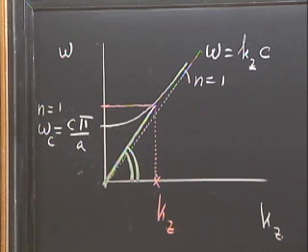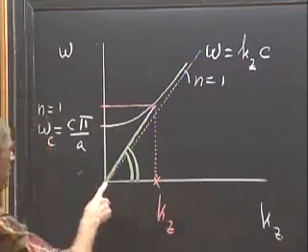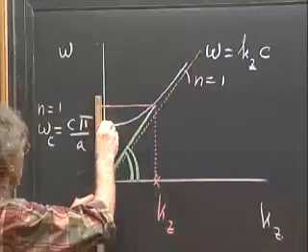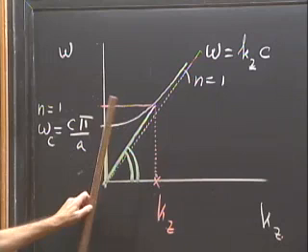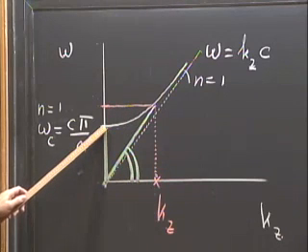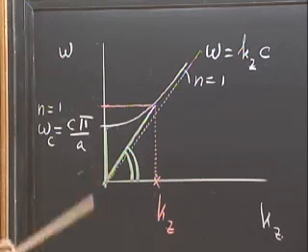Since this slope is steeper, the phase velocity is larger than c. And when you reach the situation that kz becomes 0, then you have omega divided by omega, and kz is 0. And so when you reach this cutoff frequency, the phase velocity goes to infinity.